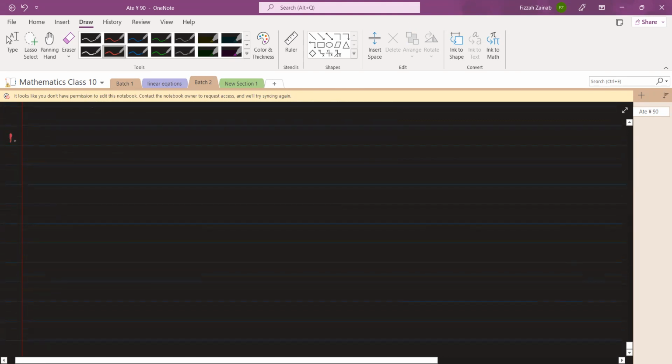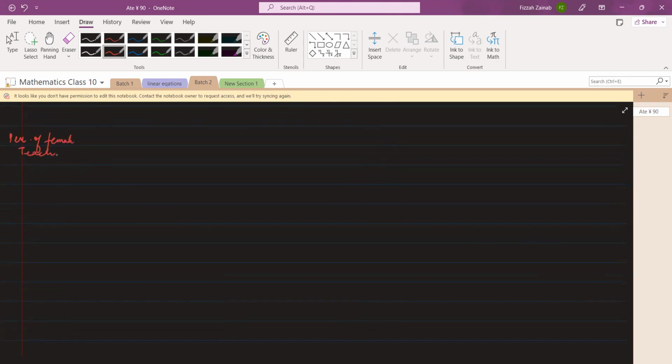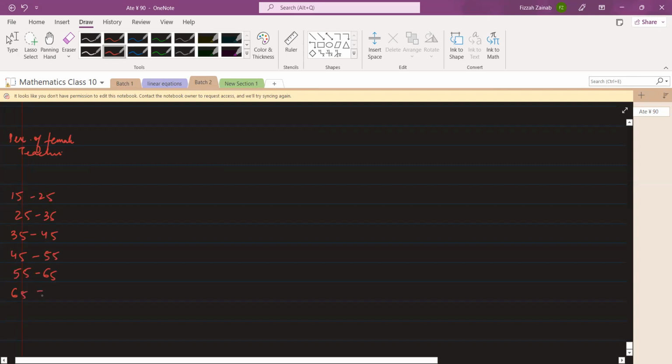So you write it here, percentage of female teachers, okay? Which is given like this, 15 to 25, 25 to 35, 35 to 45, 45 to 55, 65, then 65 to 75, and 75 to 85, right?